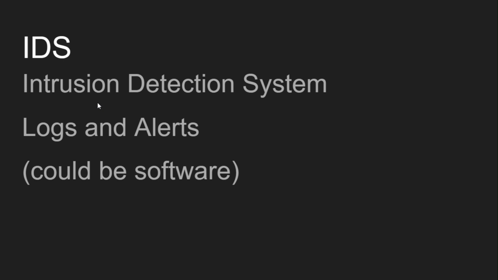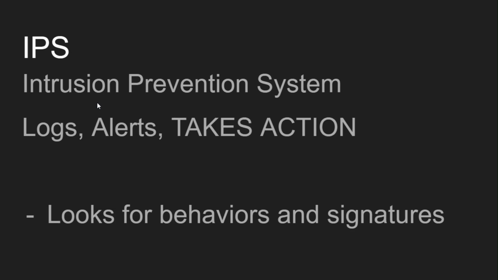That brings us to IPS. IPS stands for Intrusion Prevention System. This is quite simple, because all you have to realize is the difference between D and P: intrusion prevention system, intrusion detection system. The major difference is that takes action.